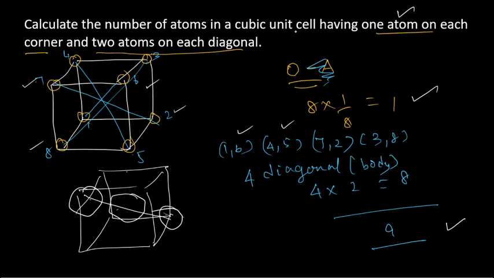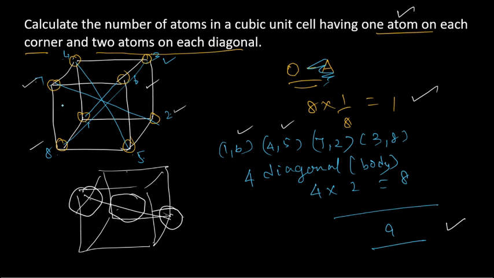Calculate the number of atoms in a cubic unit cell having 1 atom on each corner and 2 atoms on each diagonal. So let us identify the diagonals. Let me first of all number the corners, 1, 2, 3, 4, and then 5, 6, 7, 8.